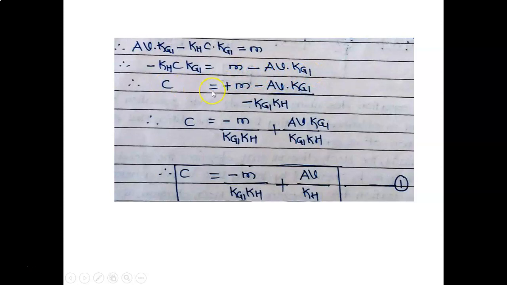Therefore C is equal to M minus AV into Kg1 divided by minus Kg1 into KH. Therefore C is equal to minus M divided by Kg1 into KH plus AV Kg1 divided by Kg1 into KH. Therefore C is equal to minus M divided by Kg1 into KH plus AV divided by KH. Equation 1.